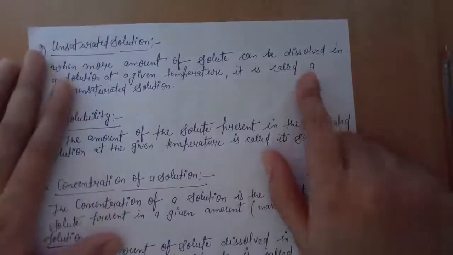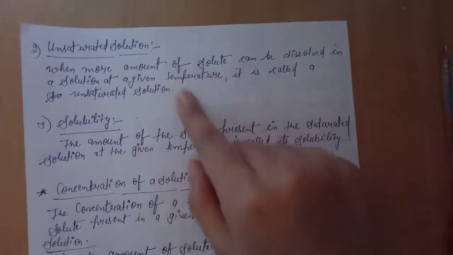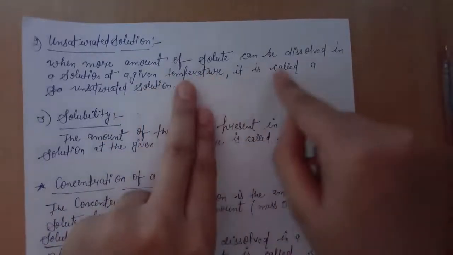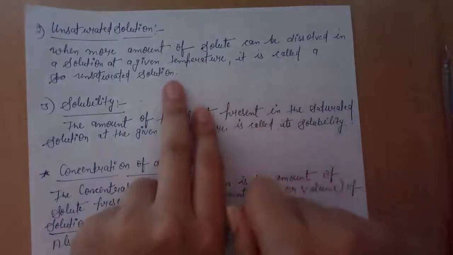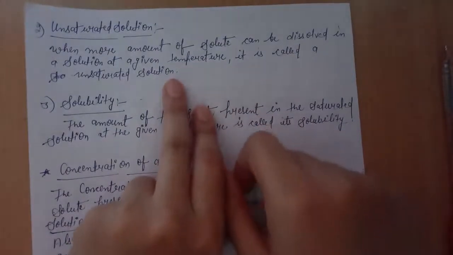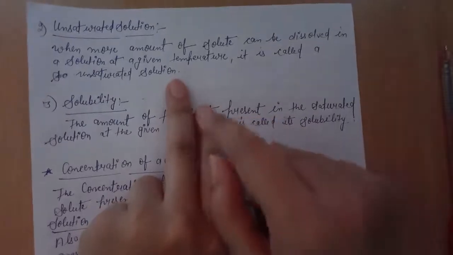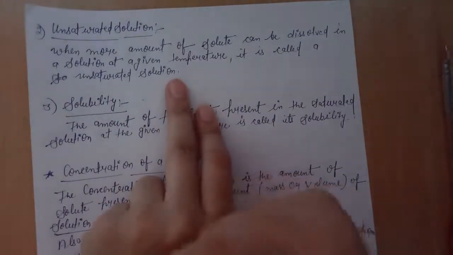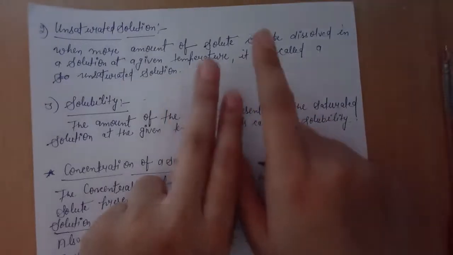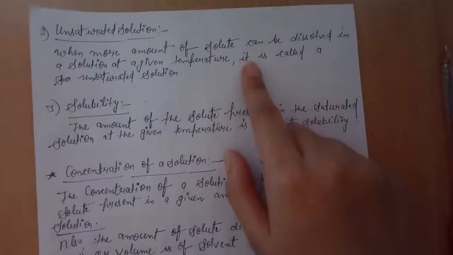Next is unsaturated solution. When more solute can be dissolved in a solution at a given temperature, it is called an unsaturated solution. Such as if we make a solution of sugar and water and add sugar in a fixed amount, it is possible to add some more sugar in that solution. In that condition, the solution of sugar and water is an unsaturated solution.